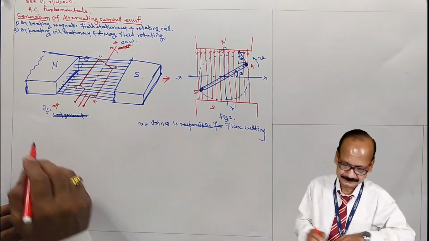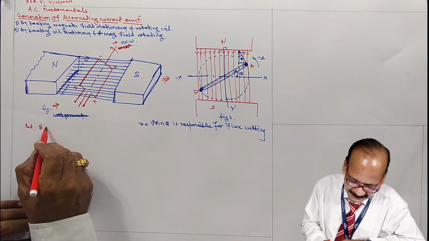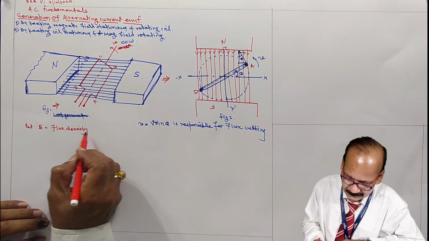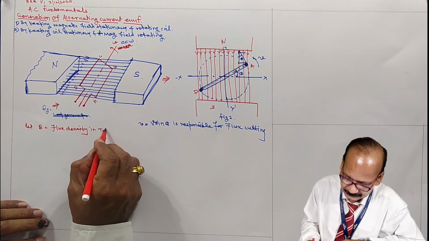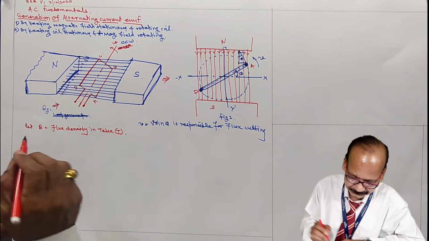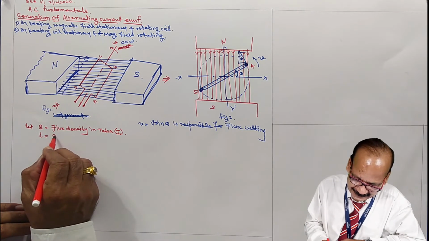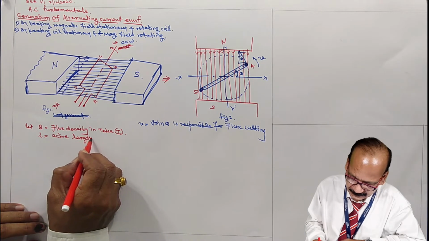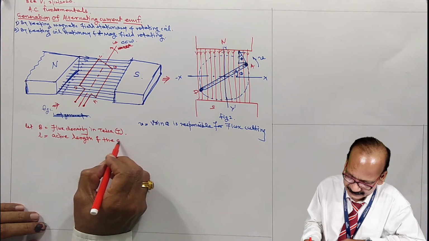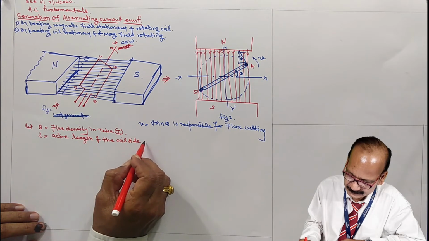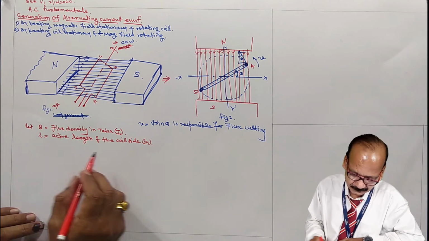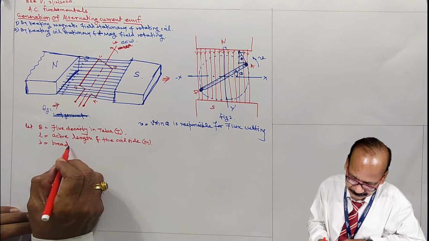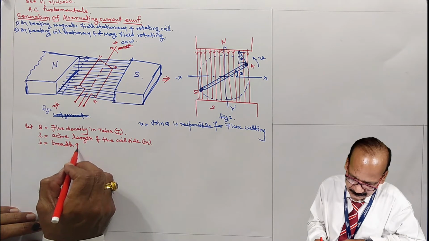So let capital B be the flux density in Tesla. L is the active length of the coil side or coil in meter. b is the breadth of the coil.